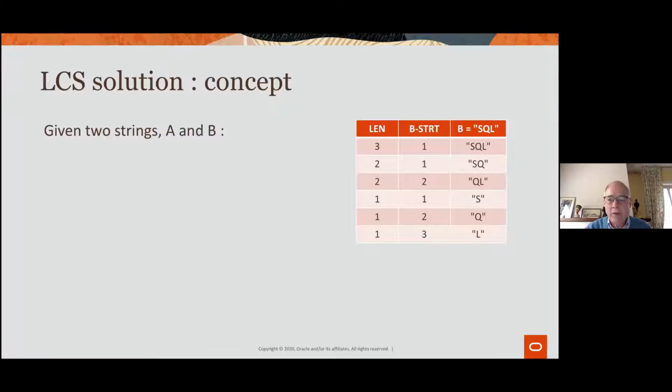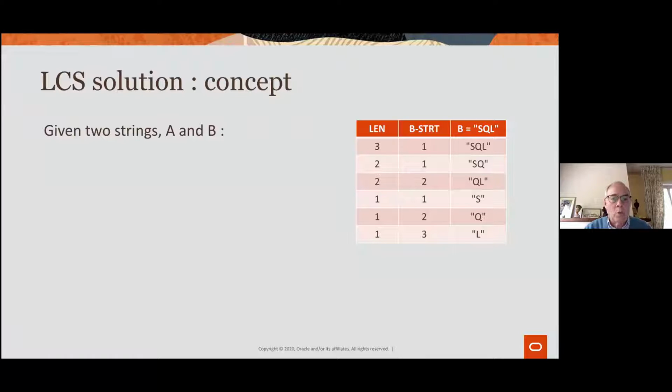So the concept of this solution is based on what I looked at in Wikipedia, where it appeared that we wanted the longest common substring. And in case of a tie, let's say that there were two substrings of equal length, we wanted the substring the most to the left of the A string.